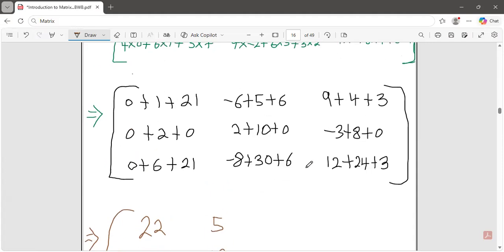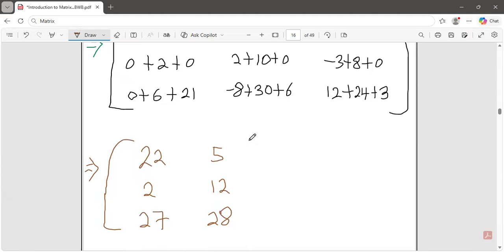Finally, let's complete the other one. And then 3 plus 4 is just going to give us 13. And then 13 plus 3 is just going to give us 16. As beautiful as that. So over here, we're going to see 16.